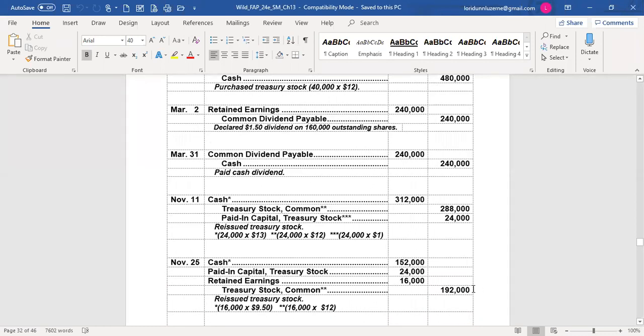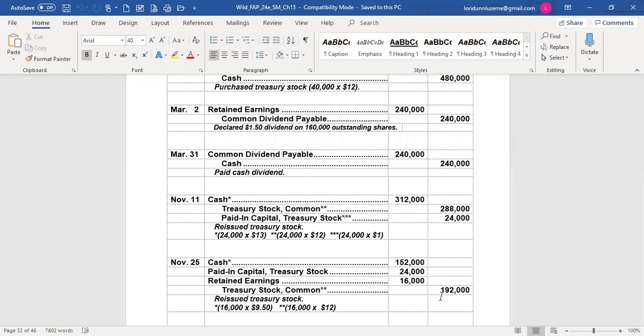They have to remove the treasury stock, credit that account for $12 a share. So 16,000 times $12 a share is $192,000. Take note now, the treasury stock account has a zero balance. We have resold all of the stock the company owned of itself back into the market.